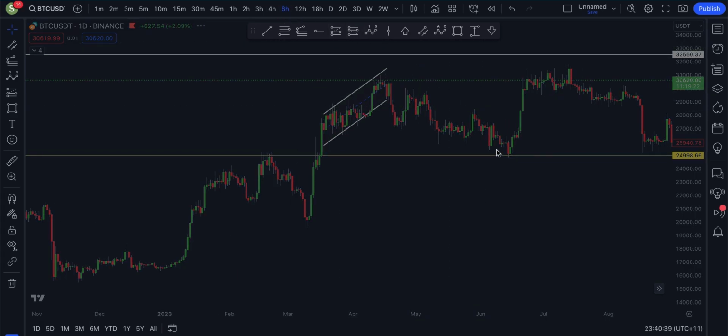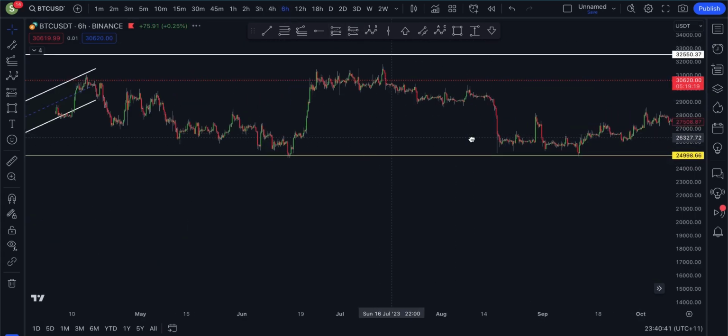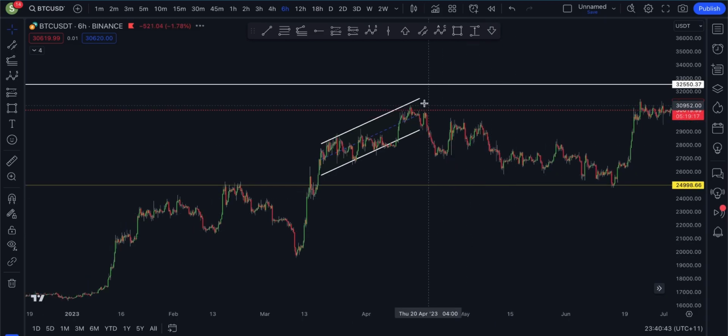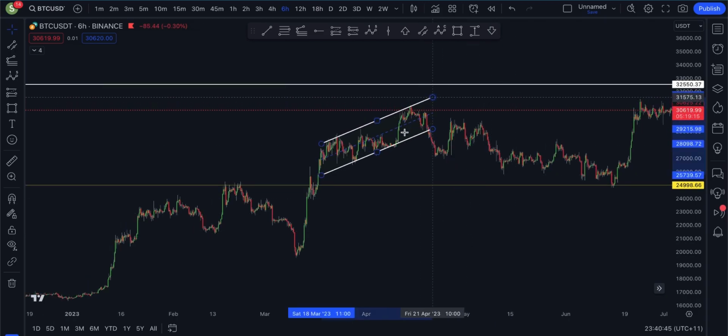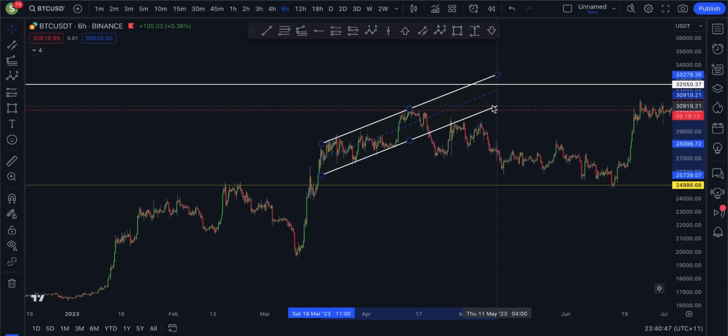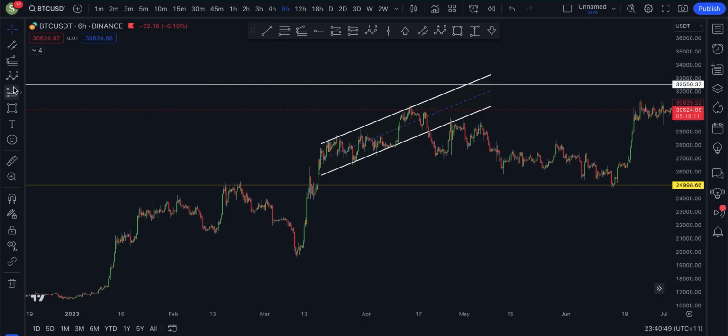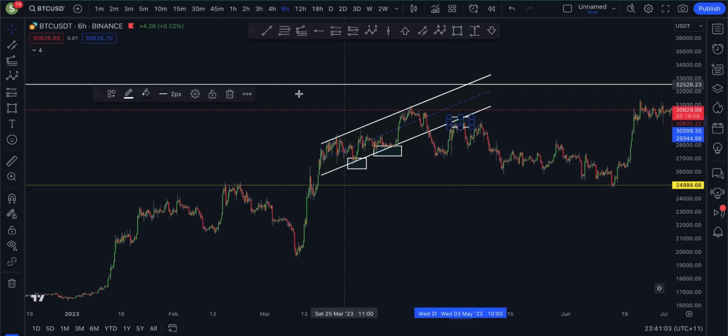Okay, let's come on small time frame. You see how clean this channel is, right? We have support, support, and then a rejection here when it fell down, right?